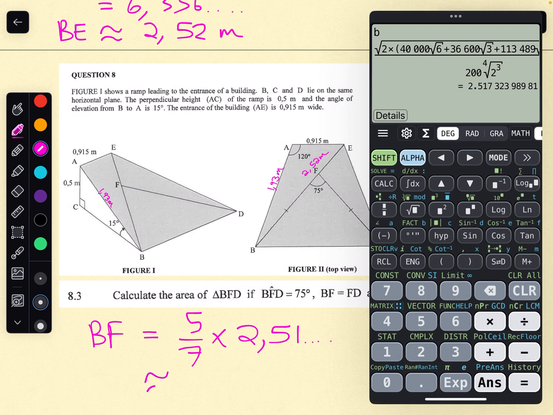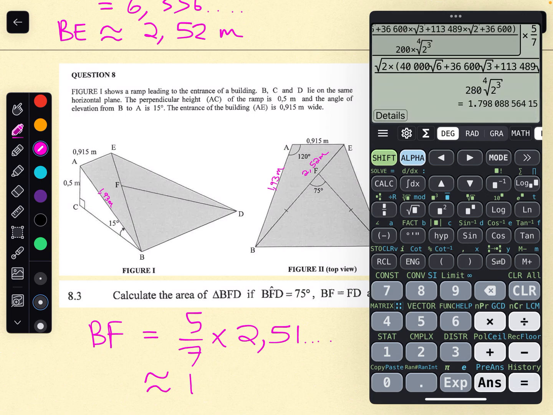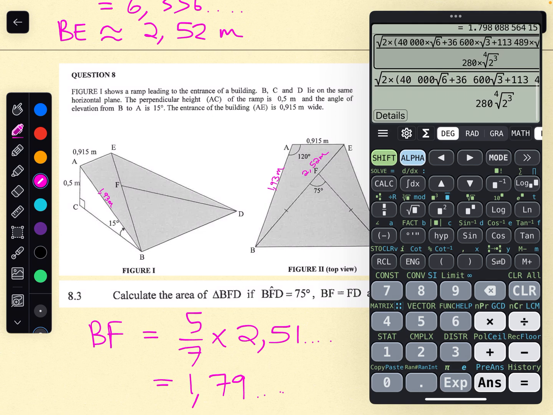Okay, which is roughly 1.79. We're not going to use roughly at this point. We don't need the rounded number. It's not the final answer yet. So I'm going to store it, just in case I'm probably going to need it.